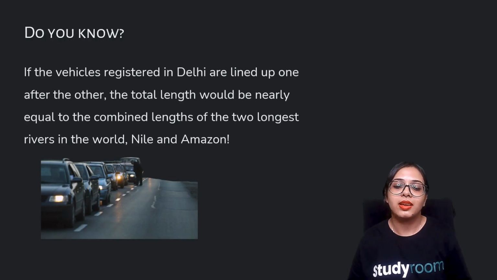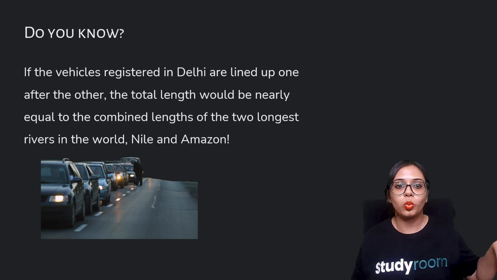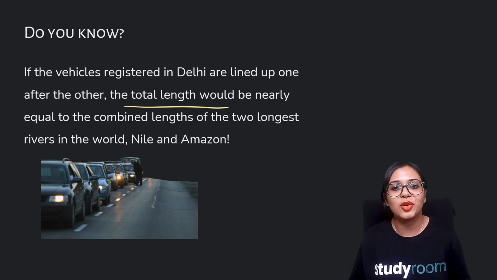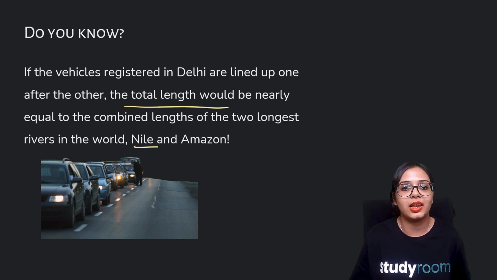This is a fun fact for you: if the vehicles registered in Delhi are made to queue up in one line, the total length would be nearly equal to the combined lengths of the two longest rivers in the world, the Nile and the Amazon.